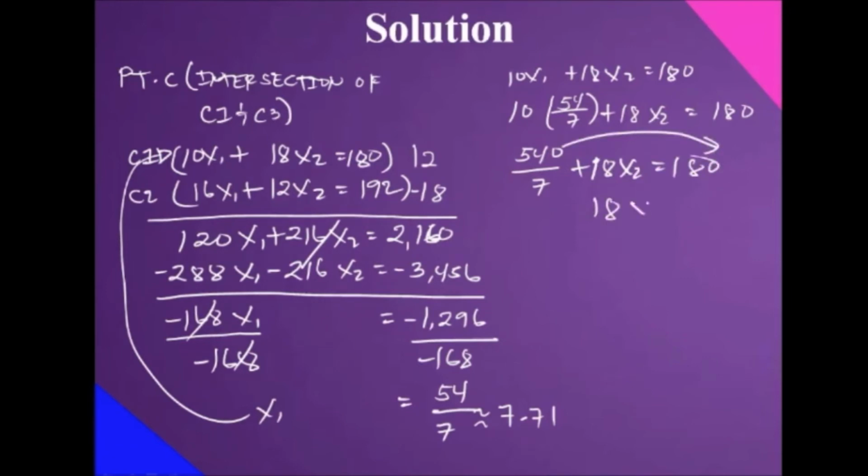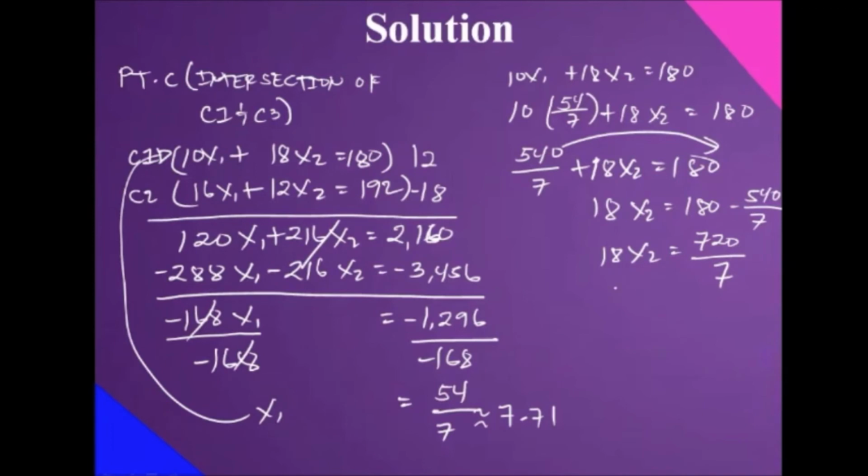So, 18 x sub 2 equals 180 minus 540 over 7. Kapag pinerform natin ito, this will give us an answer of improper fraction pa rin na 720 over 7.